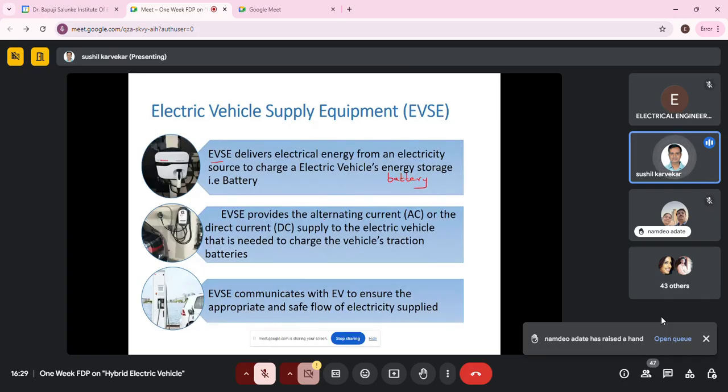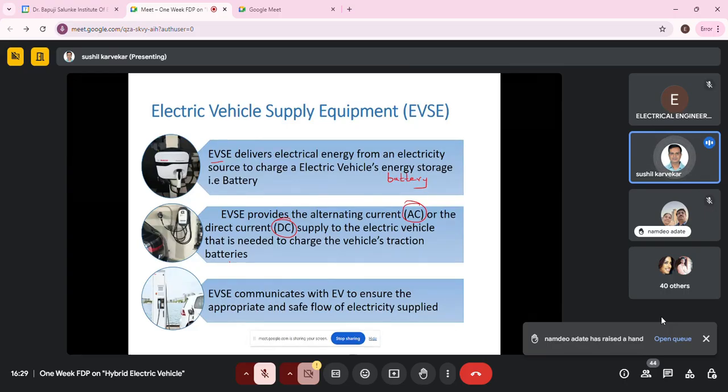The next part we need to understand is that this equipment would provide either AC or DC power, depending on the type of vehicle we have procured. So it is not only AC, it can provide AC or DC. That's the second point.